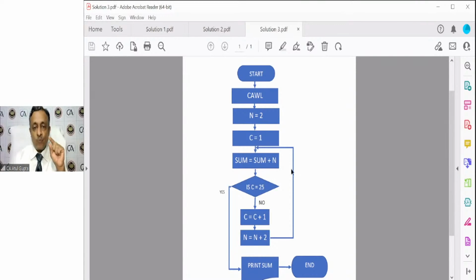Now what we are doing? Sum is equal to sum plus n. Okay. Now, what is the value of sum? Because n is 2, C is 1. I am asking you this question; I want you to think. Just before this step, C is equal to 1. Here, what is the value of sum?